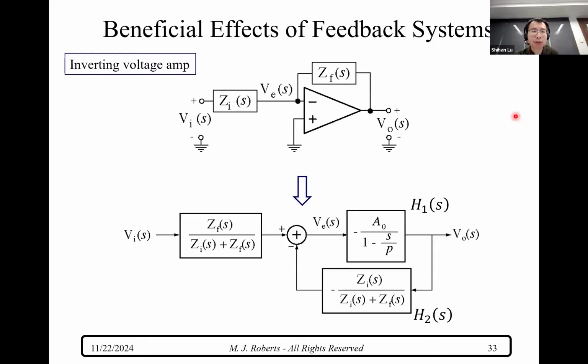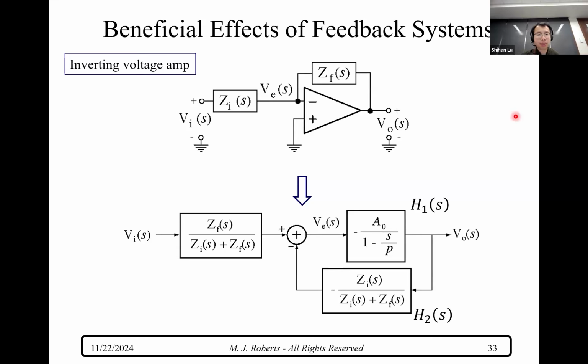Essentially, an inverting voltage amp is going to amplify your input voltage, and at the same time, it's going to shift the phase of your signal by 180 degrees. Shifting the phase by 180 degrees corresponds to the inverting here, and the voltage amplification is simply to amplify the magnitude of a voltage.